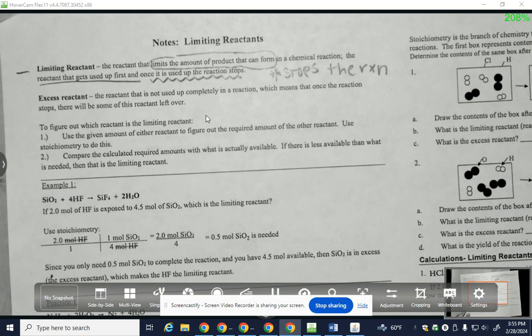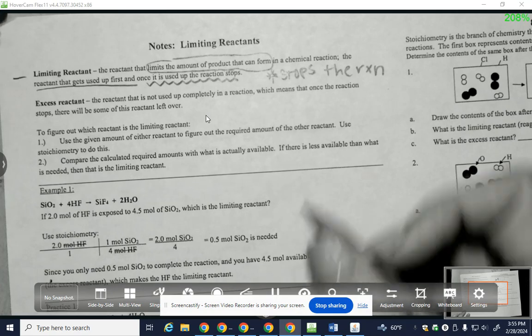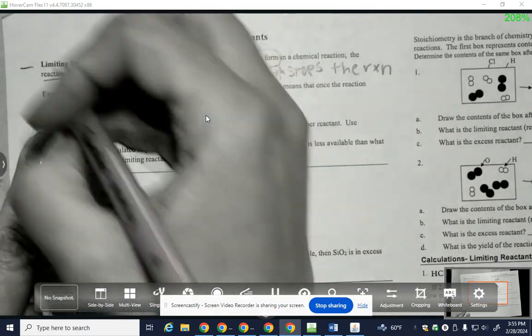So when I go to dispose of your waste beaker, I'm going to have to neutralize it some more, because there was a ton of acid still in it. And I know that. So it definitely wasn't completely neutralized. So our excess reactant is the opposite.